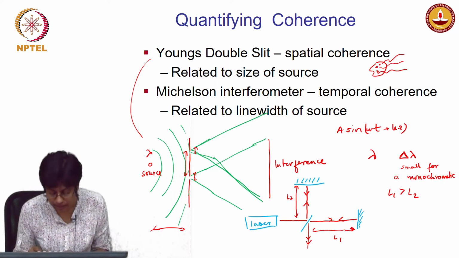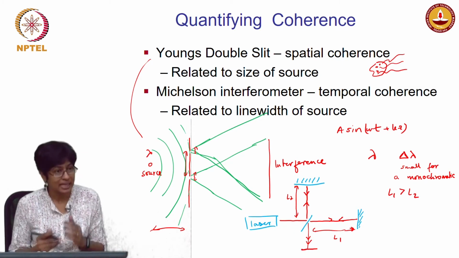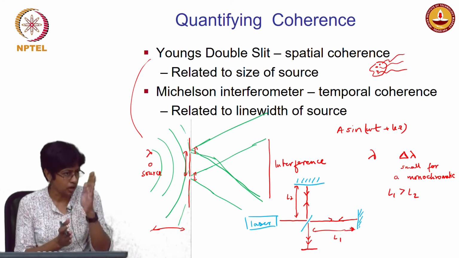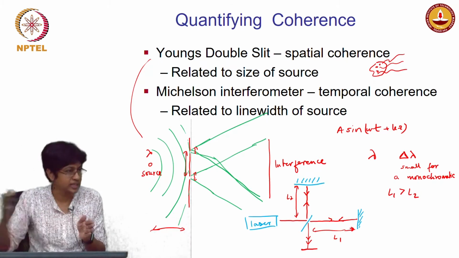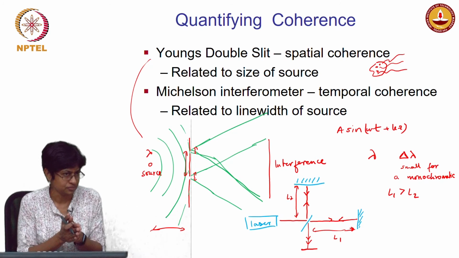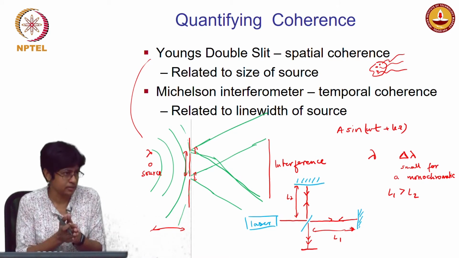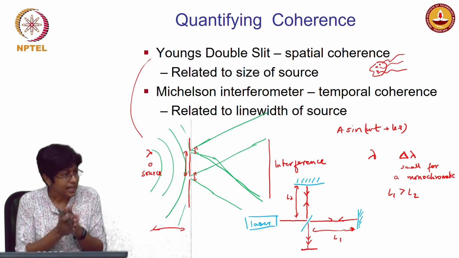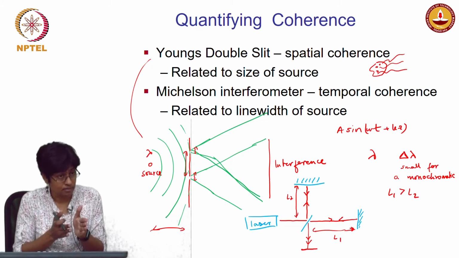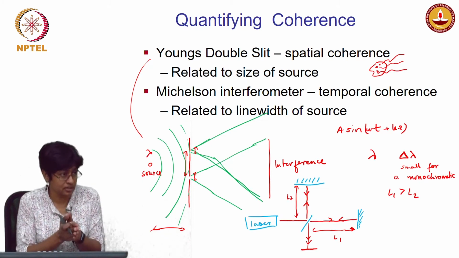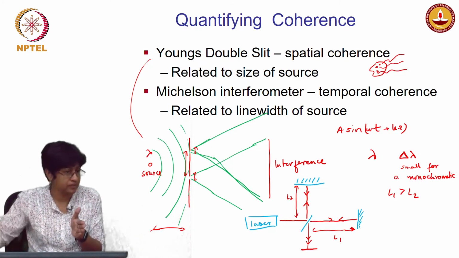So, if I look at an interference pattern here, it is as if I am interfering a wave with a wave that has travelled longer and comes as a delayed version of that wave, right. So, now when I look at the interference, that interference will tell me how well the interference happens for a wave that is delayed.